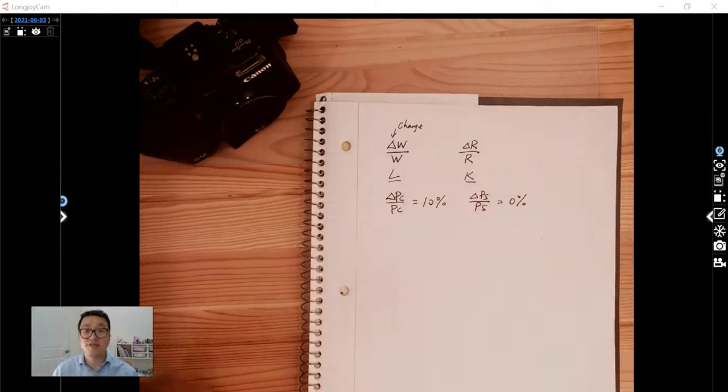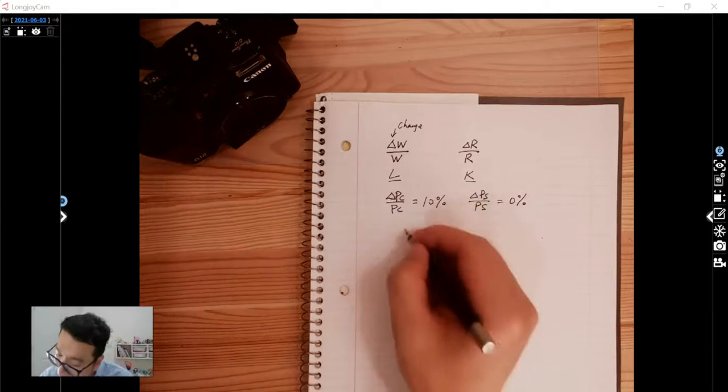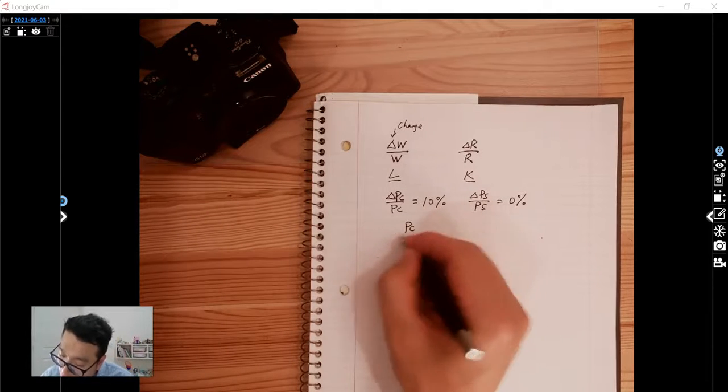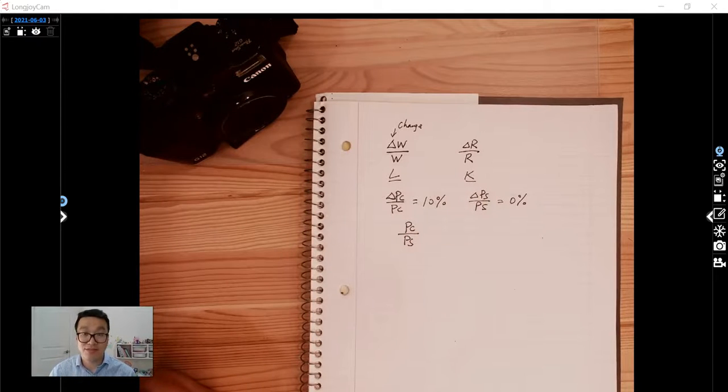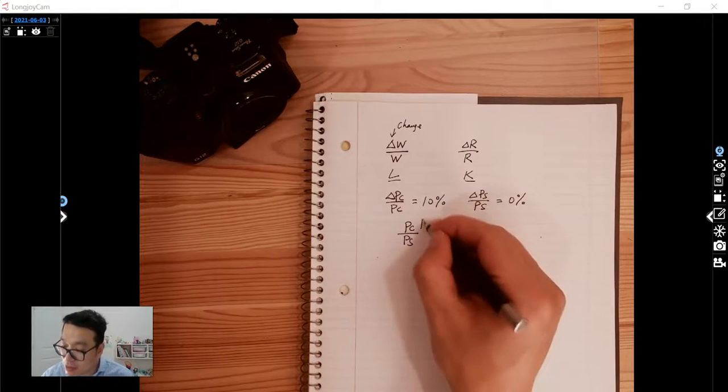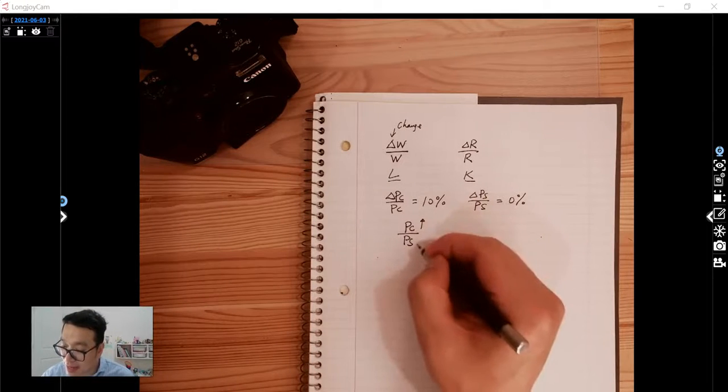This is also a very useful piece of information. If the computer price keeps increasing and the shoes price doesn't change, and I ask you about the relative price of computer, which is computer price divided by shoes price after trade, what will happen to this relative price?